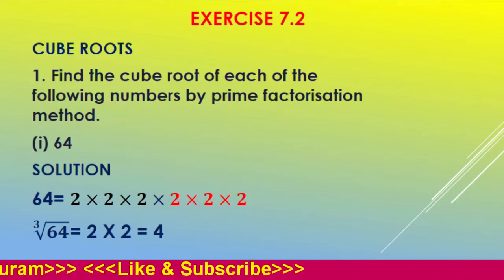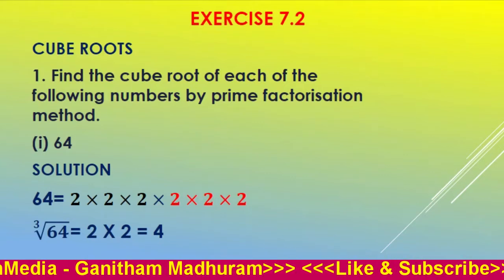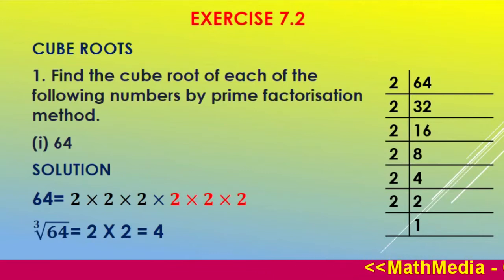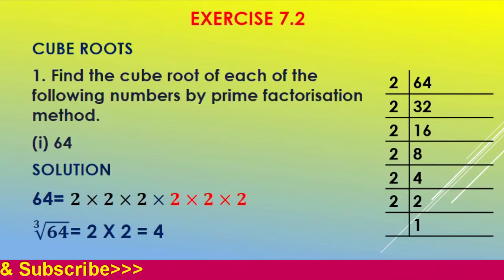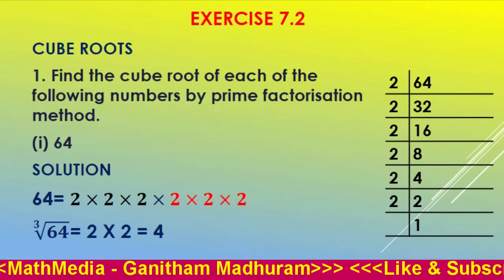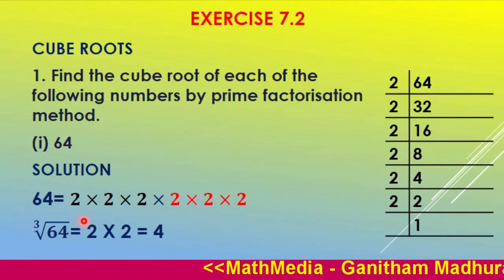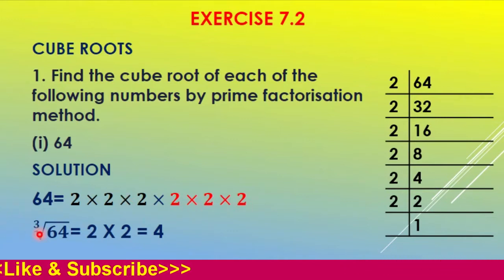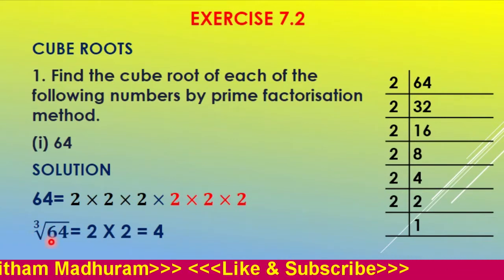Our first question, 64. So we can find the prime factorization of 64. We get 64 equal to 2 into 2 into, that is 6 times 2 are multiplied. Here we are finding out the cube root of 64.